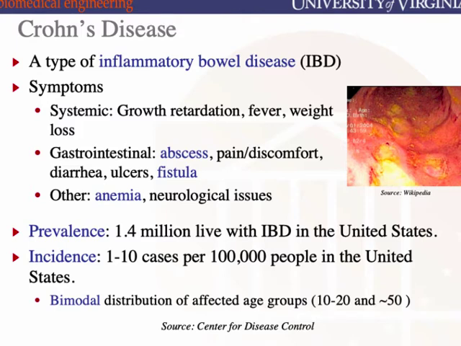What we mean by bimodal is if I were to plot age against the number of cases, a bimodal distribution is something that'll look like that, right? We have two humps, all right? So what we see is that it disproportionately affects young kids in their teenage and preteen years, and older folks. And the causes for this bimodal distribution are still not understood.